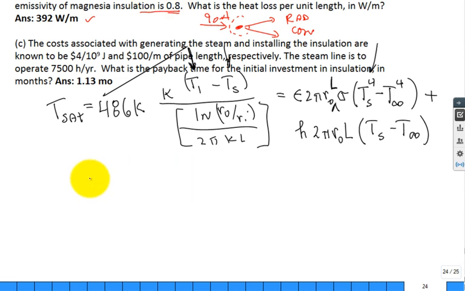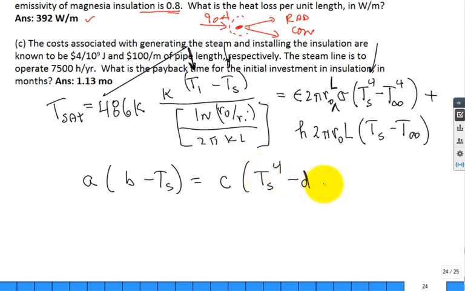It'd be like A times, I don't know, B minus Ts is equal to C times Ts to the fourth minus D. How would you solve this equation analytically? I'm just throwing out some coefficients, A, B, C, D. Find a root. That's exactly right. And sometimes you have to have a good guess on your calculator to start the process.